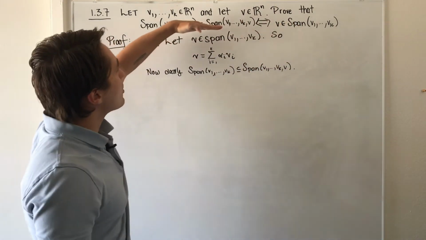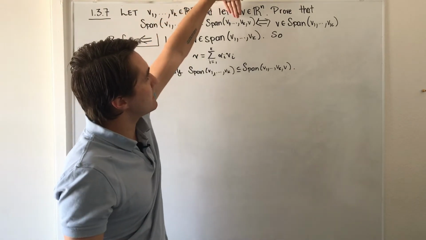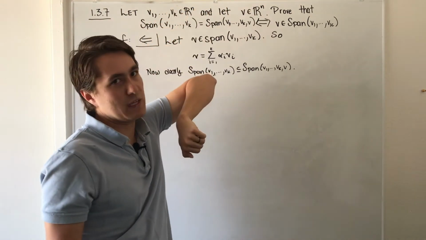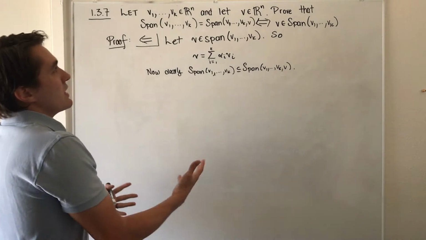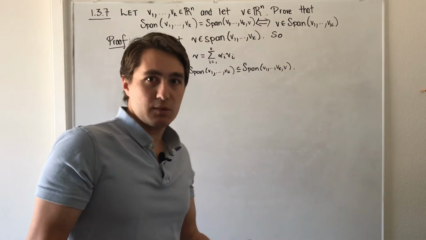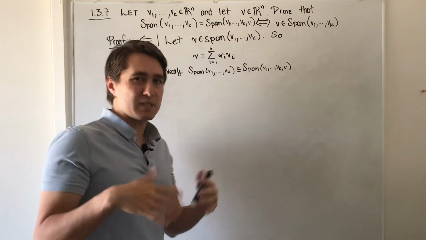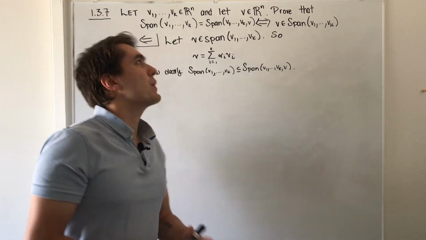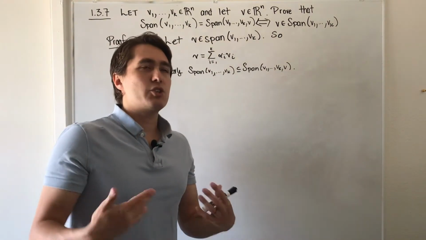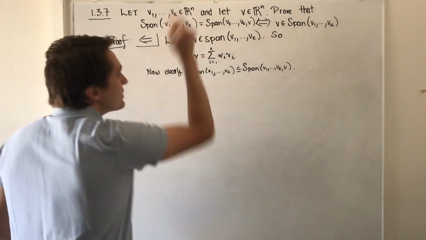What we need to now conclude is this statement, that the span of v1 through vk is equal to the span of v1 through vk and v. And remember, these are two sets. They have additional structure, they're actually subspaces. We've shown that the span is a subspace, but that's beside the point for the moment. We can think of them as sets. And so what we really need to show is set equality. We need to show that this set equals that set.